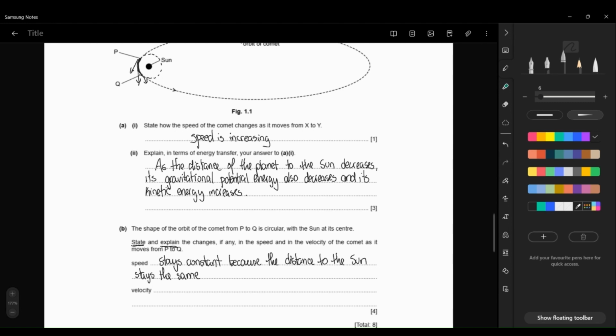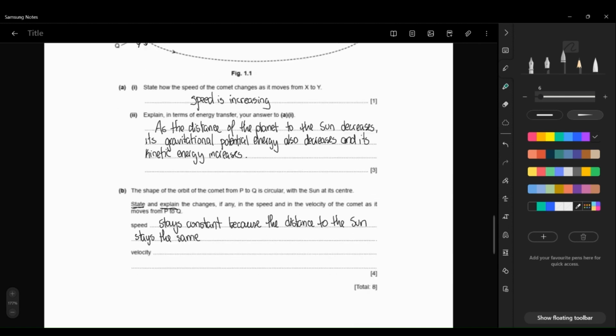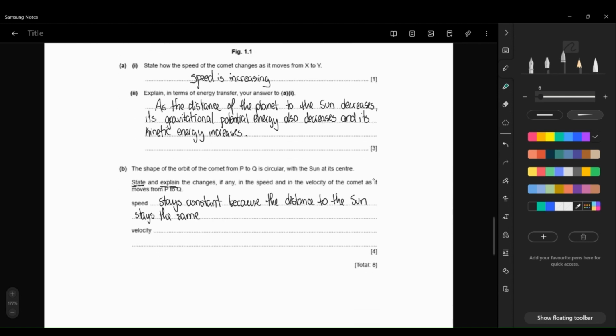So this means that the velocity itself is changing. So the velocity changes because the direction of motion of the comet changes. Next question.